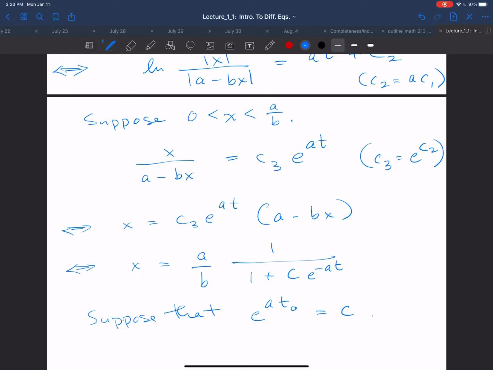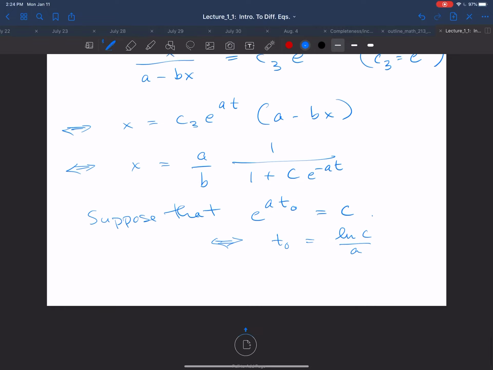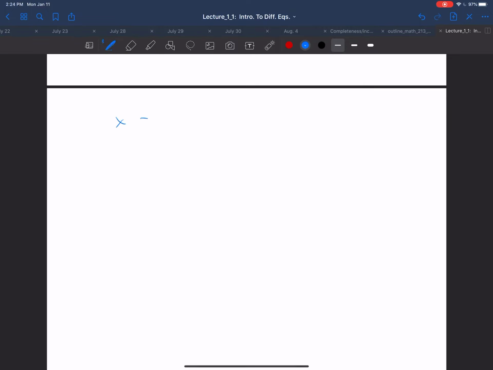Then when t is equal to T naught, this second term in the denominator is going to be equal to 1. So if we assume, in other words, that T naught is equal to the ln of c divided by a, in that case we can rewrite this as x equals a over b times 1 over 1 plus e to the minus a times t minus T naught.